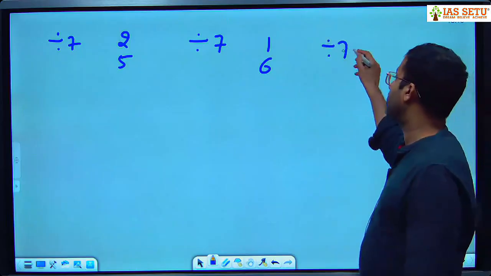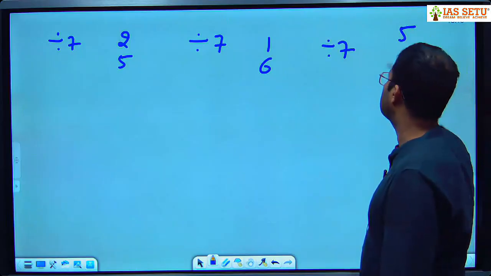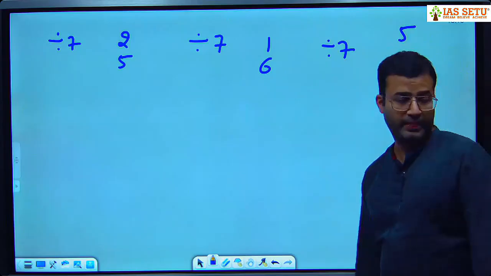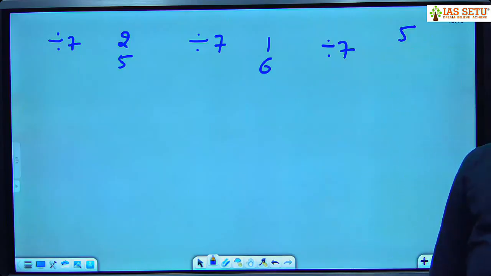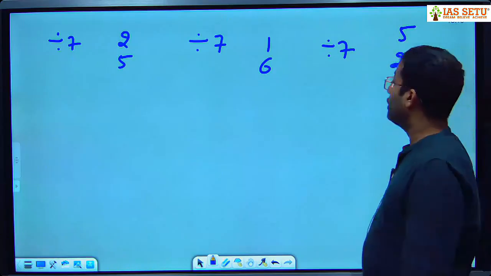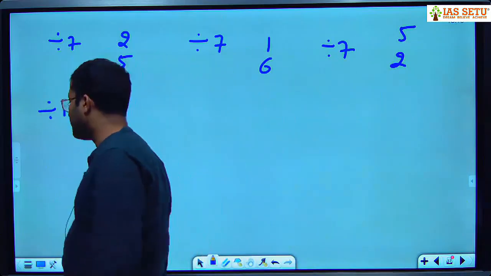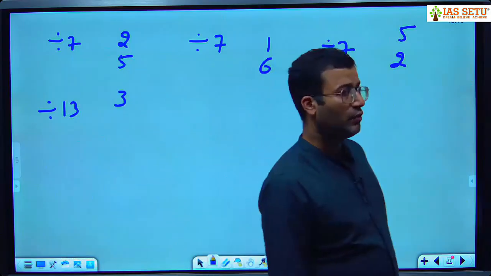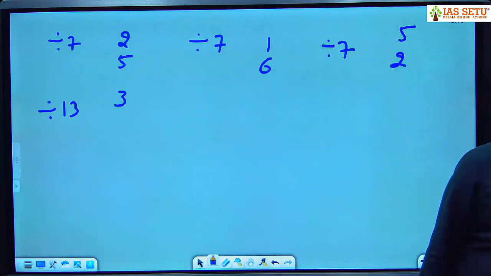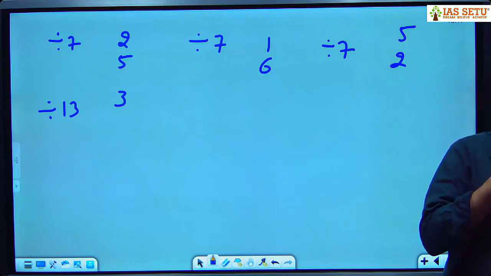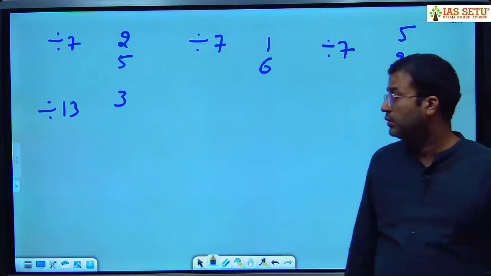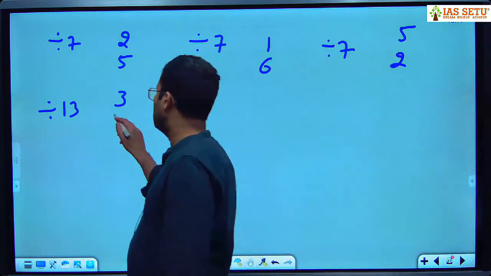If your divisor is 7, positive remainder 5, what is negative remainder? 2. If your divisor 13, positive remainder 3, what about negative remainder? 10.